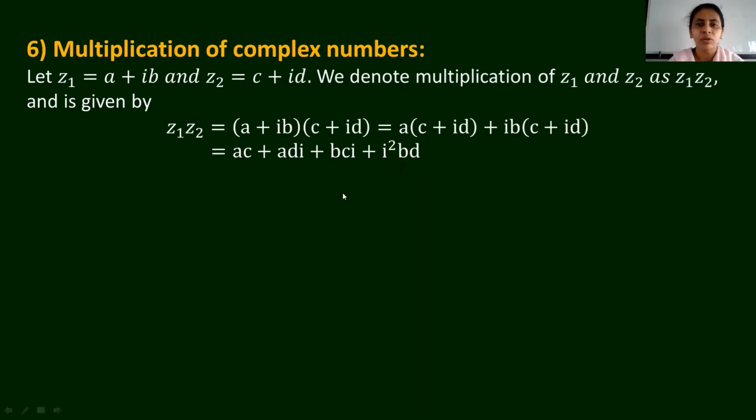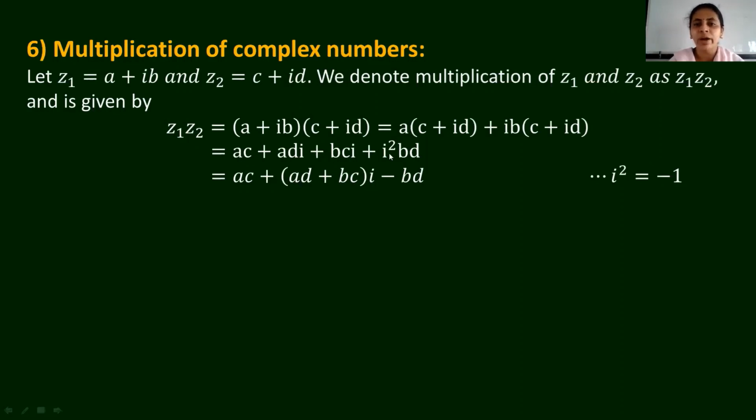Okay, so in the next step we will get ac plus ad plus bc into i. Here from the second and third terms we have taken i common, so we get ad plus bc into i.